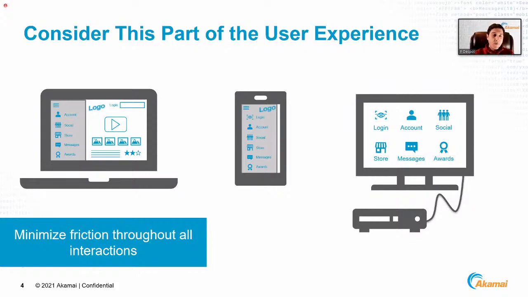But if we want more usage of these other interactive parts of the game, we need to pay attention to the performance of those as well, because like we've seen from commerce and years in the CDN and performance industry, people, especially these days, are very much less inclined to wait for a page to load or a transaction to complete. They'll just go away. And that's what we're really trying to prevent when we focus on the user experience.